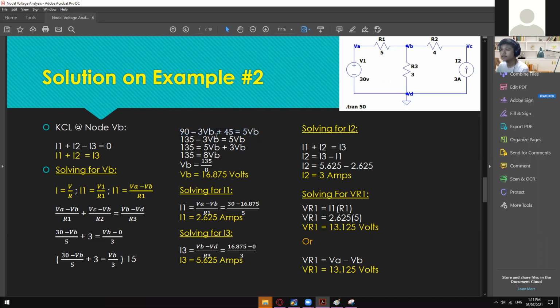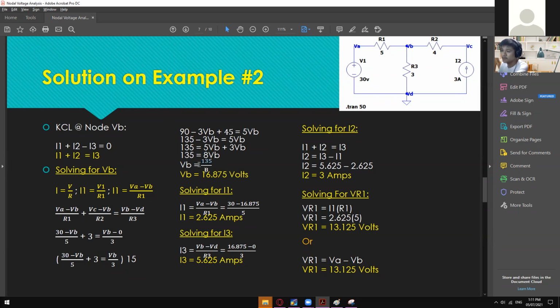Okay, so after this, the following expressions are now just done by simplifying this one. So 90 plus 45 is 135, and then negative 3 VB. If you're going to transpose this one to the right side, it will give you a result of 8 VB. So you can now solve for the VB wherein 135 is equal to 8 VB, so VB is 135 divided by 8.